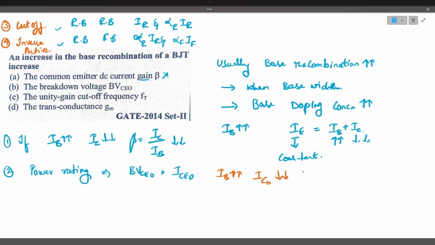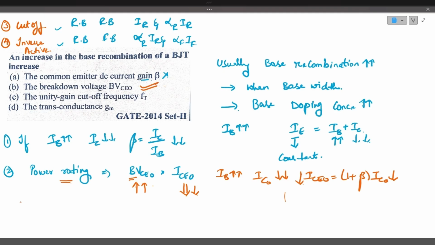I_CEO is equal to (1 plus beta) I_CO. If I_CO reduces, I_CEO also reduces. So when I_CEO reduces, the breakdown voltage should increase because the power rating is a constant parameter. If one parameter reduces, the other parameter should increase. So there will be an increase in the breakdown voltage. So option B is right.